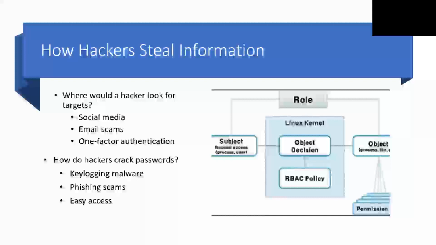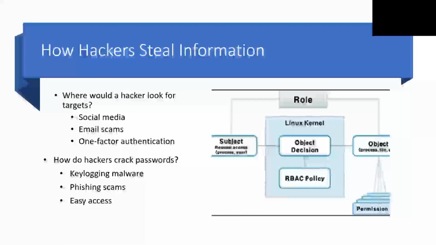So on to how hackers actually get into your information, into your files. First, a hacker would look for a target. Most people at risk are either particularly old or particularly young people, because they're a little bit more gullible in the sense of IT.